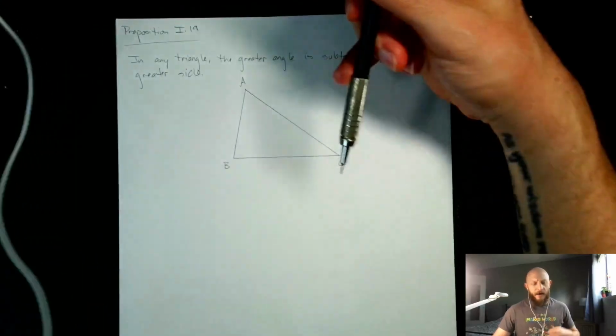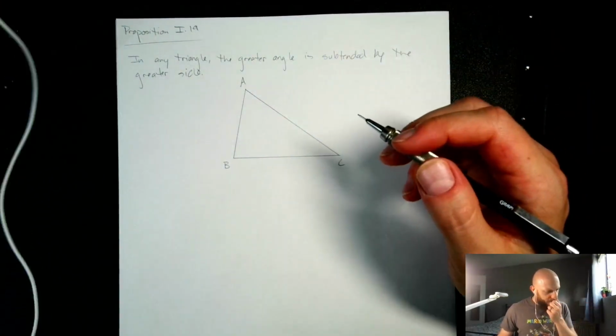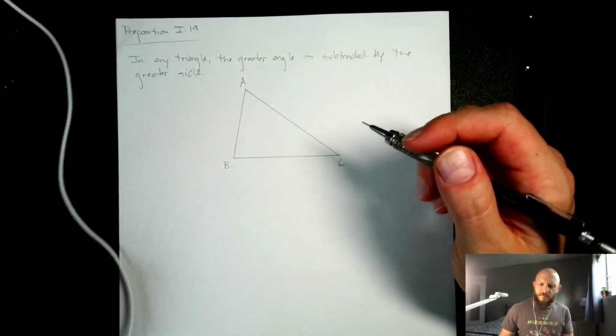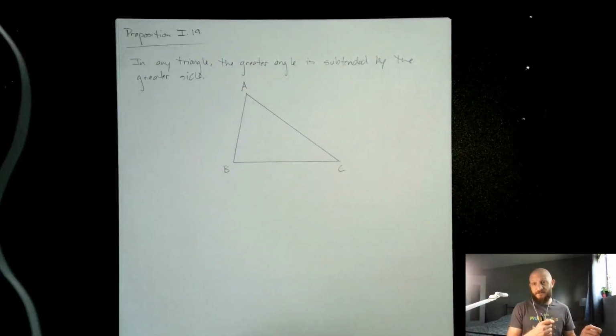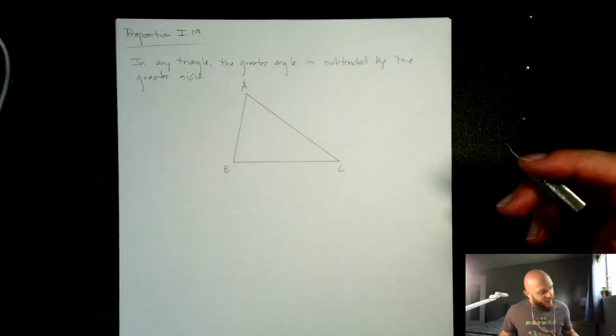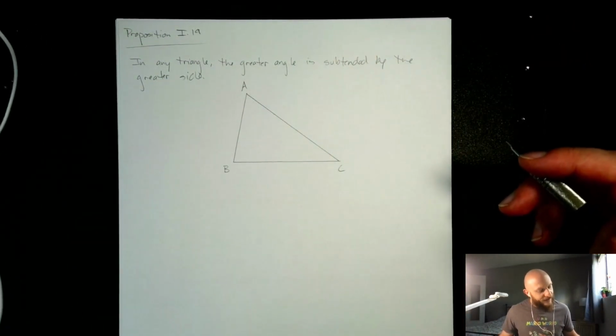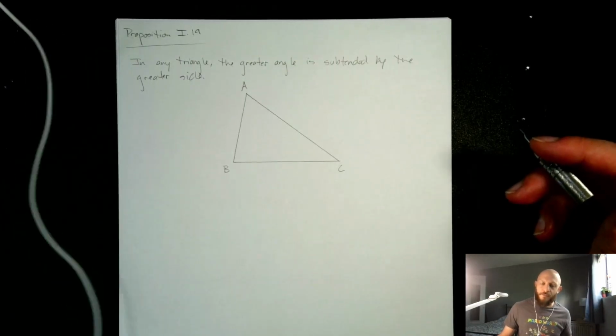And just really quickly, the reason I say this might feel redundant is because if you remember, Prop 18 is the other direction of this. Prop 18 says, in any triangle, the greater side subtends the greater angle.